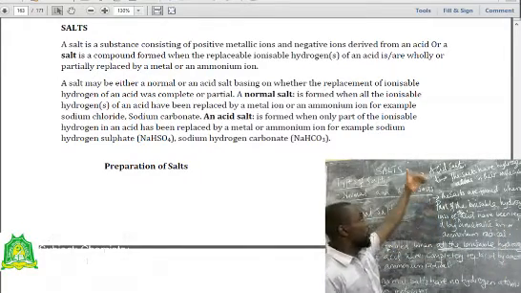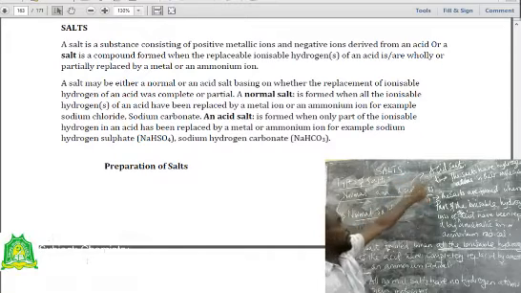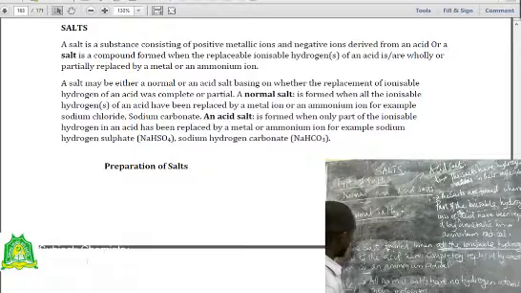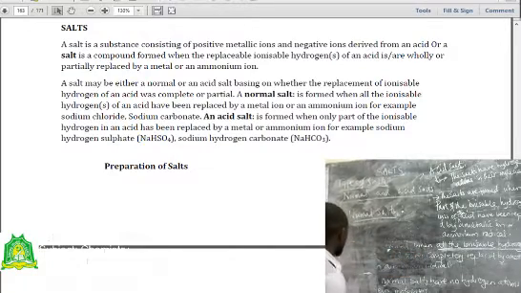So that's what we call an acid salt. First of all, the salt has hydrogen atoms in its molecules. Let us illustrate it here.